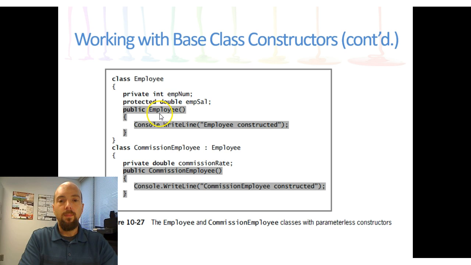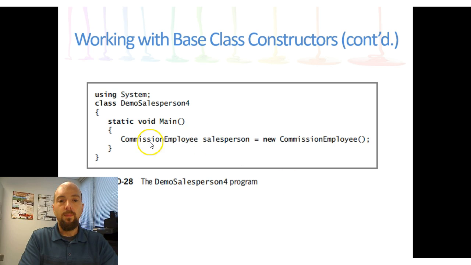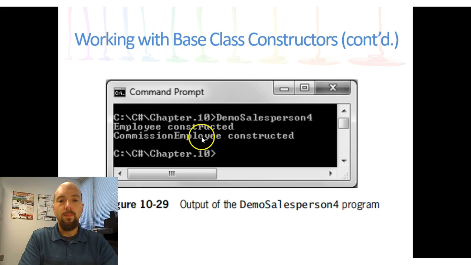So it'll run the constructor for the employee, and it'll say the employee was constructed. And then the next thing it does is run the constructor for the commission employee, and it'll say the commission employee was constructed. So if I make a new salesperson, which is a commission employee, the system will run the constructor for a regular employee first, and then it runs the constructor for my derived class.